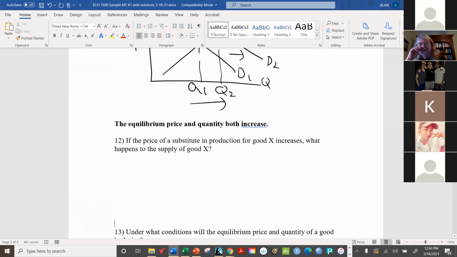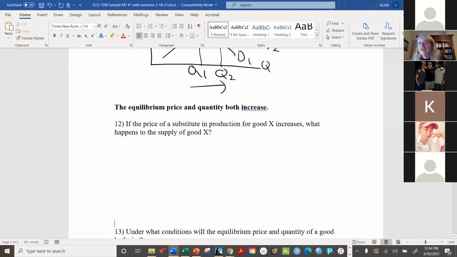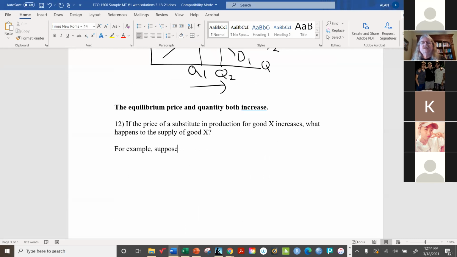Now this next one involves substitutes in production. So this is one of those cases where I think your best bet is to think of an example. For example, suppose that a farmer can grow corn or wheat on his land with the same resources.